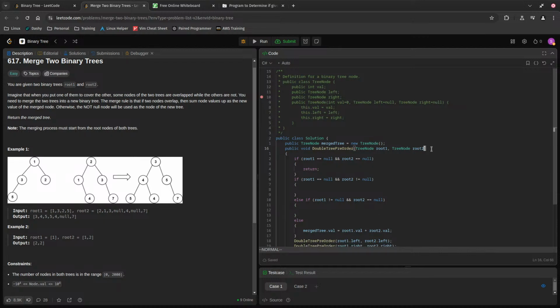I guess we would actually use tree node.